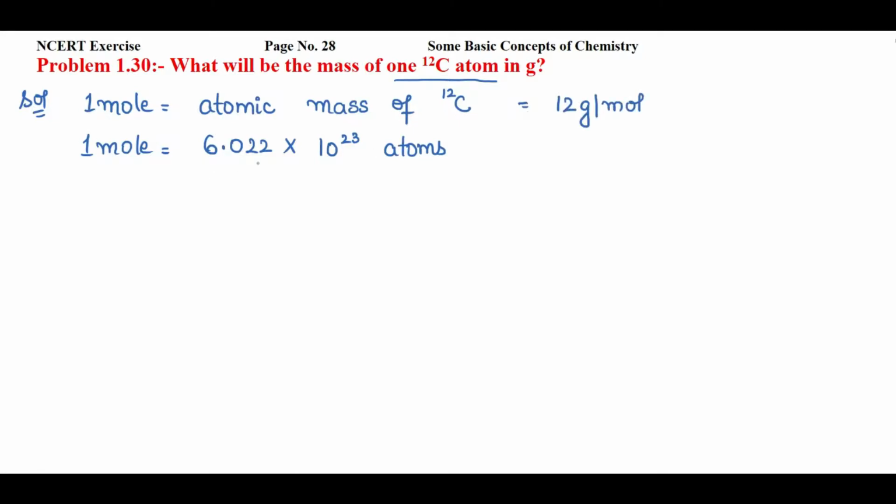Now I'll apply the unitary method. I know that I have to find the mass of one atom. So I'll take the atoms on the left side and the rest of the values on the right side.